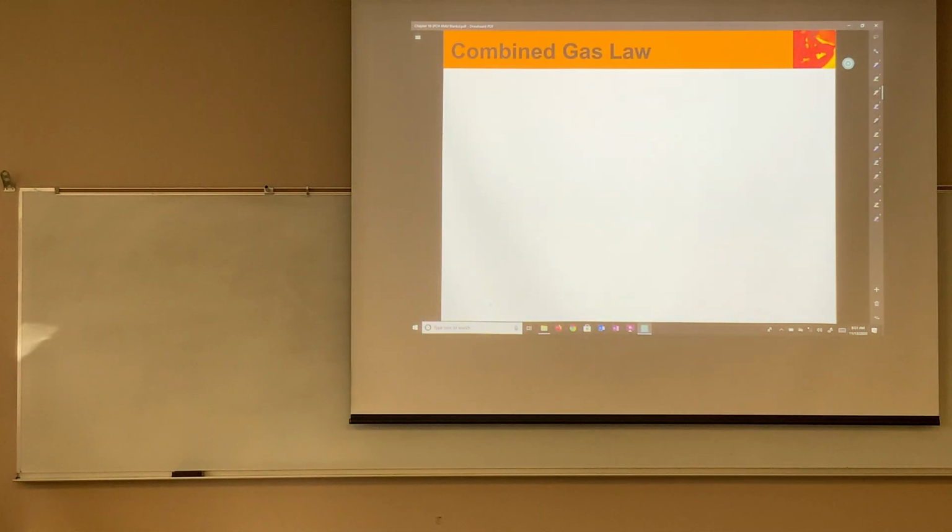Here's what I mean. If I take my ideal gas law equation and simplify it, so put it all the way on one side, PV over nRT, so I divide by nRT.